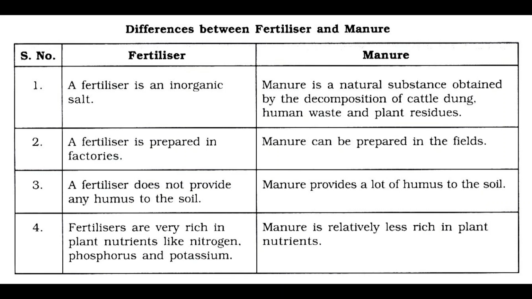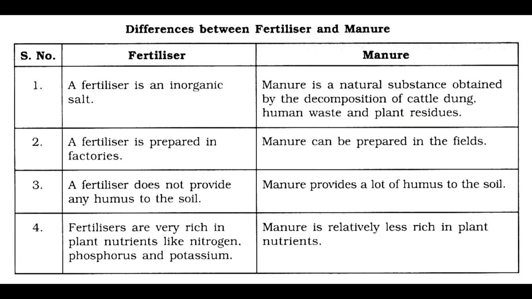Manure is always organic. Second difference is that a fertilizer is prepared in factories, chemically prepared, and manure can be prepared in the fields itself. Third difference, a fertilizer does not provide any humus to the soil.